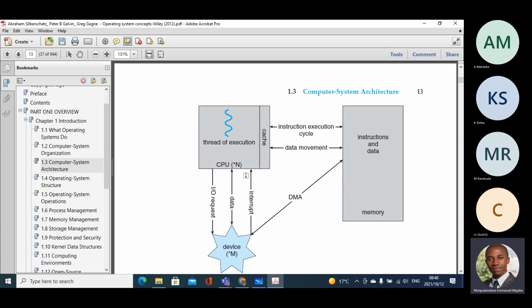And of course, the data at the end of the day has to be transferred, and for that, we use the bus. The input-output request as well as the interruption are both handled by the control unit. So that's very critical. Those are the two options you would have as an IO device interacts with a computer system. It either interacts directly through a DMA link with memory or through the CPU by means of interrupt. Any questions?